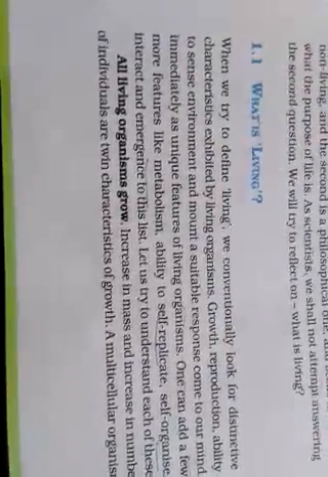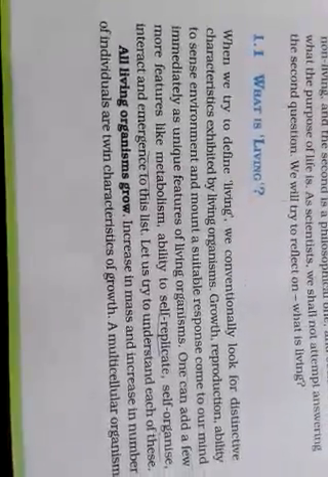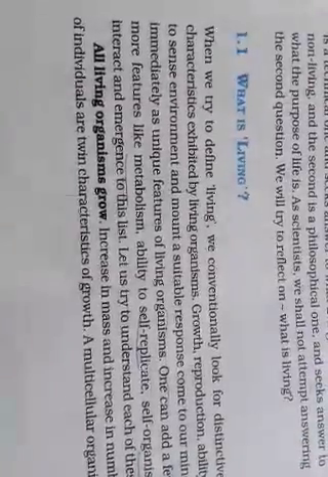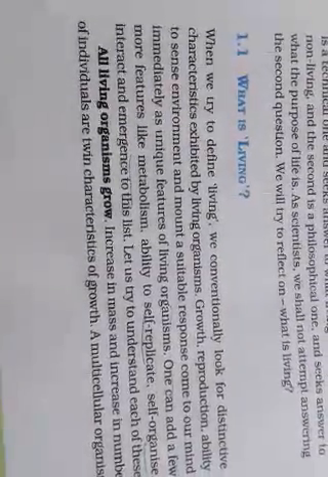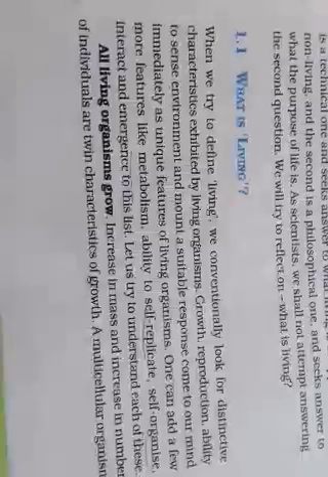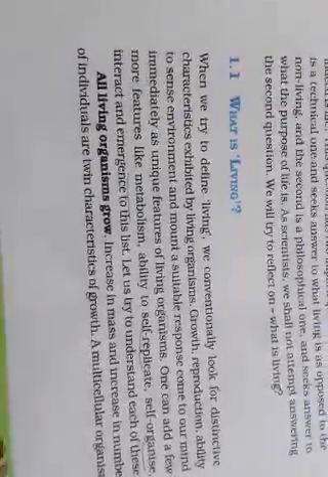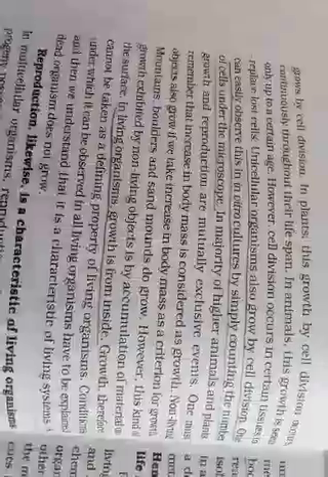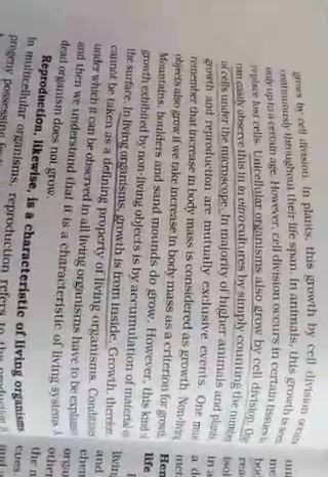First one is that all living organisms grow. Growth means an increase in mass and an increase in number. These are two characteristics when we say the organism is growing. Increase in number means the division of cells, and increase in mass means the increase in volume of the cell.